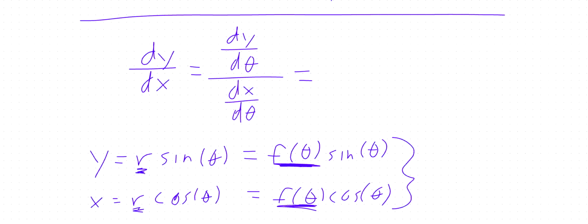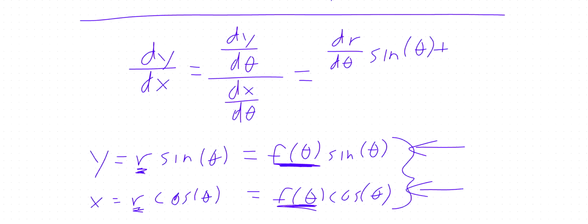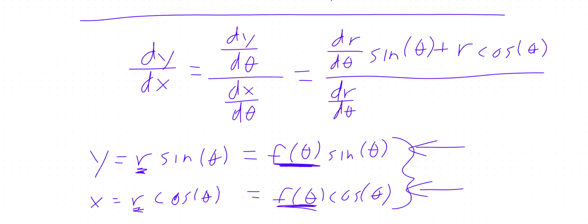So if we're going to take the derivative of this or this, it's going to be a product rule. So our first, there's going to be a derivative of the first times the second, plus the first times the derivative of the second, divided by the derivative of the first times the second plus the second times the derivative of the first.